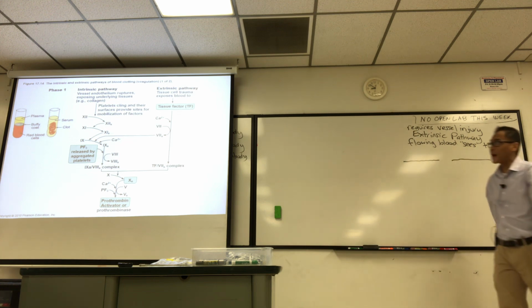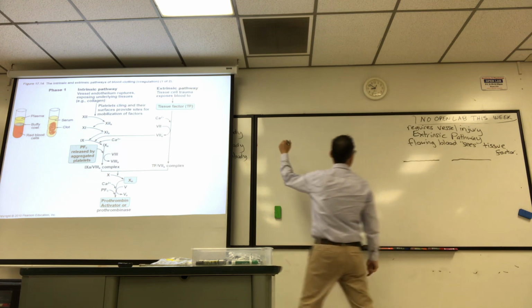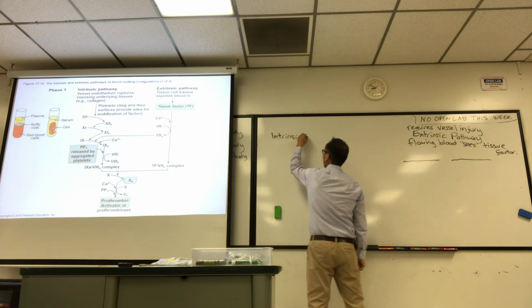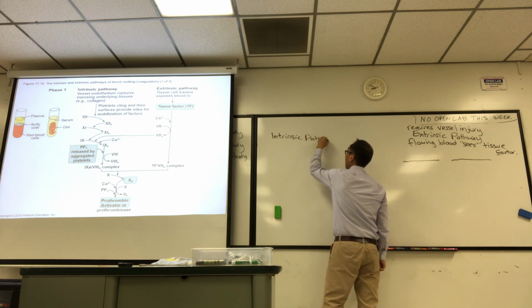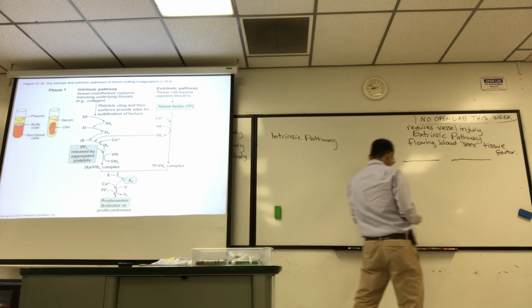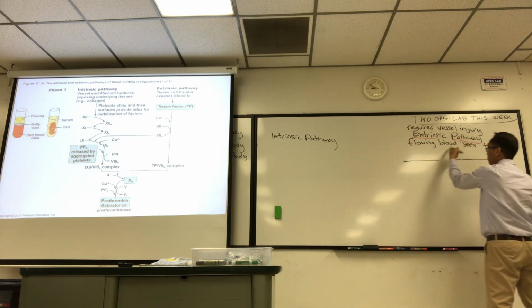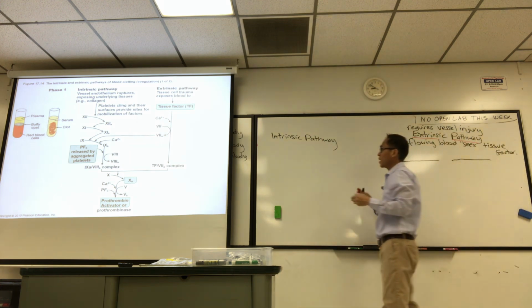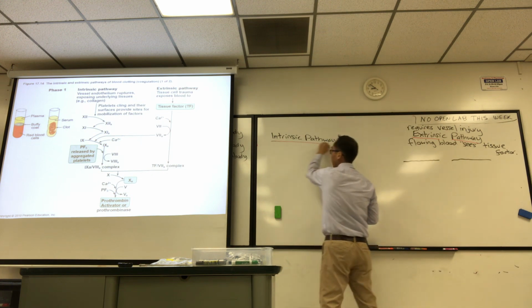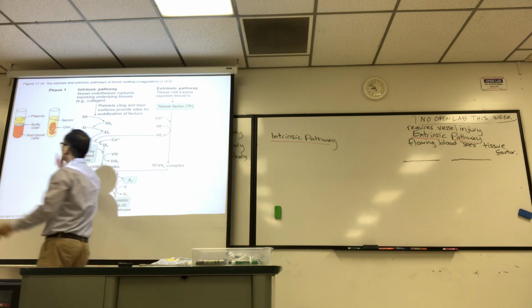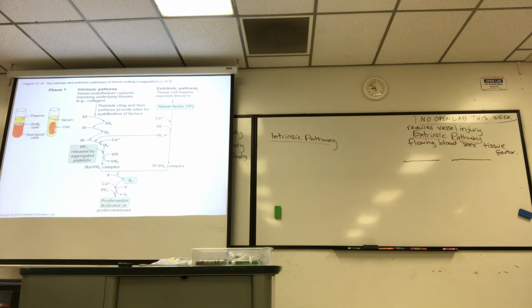Now, the intrinsic pathway, let's go over here for that. It doesn't necessarily require vessel injury like the extrinsic pathway does. That's why I put this picture: it can happen just by blood sitting still, reacting with the charged molecules on the glass tube.